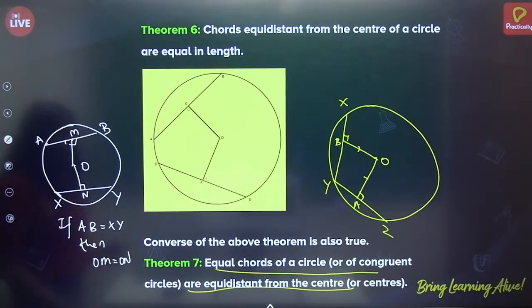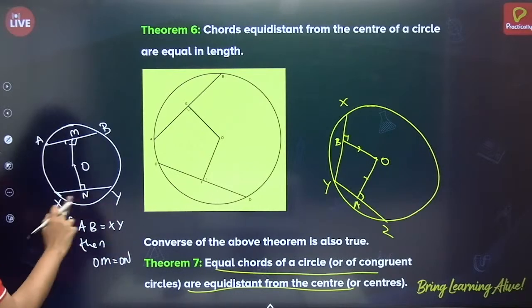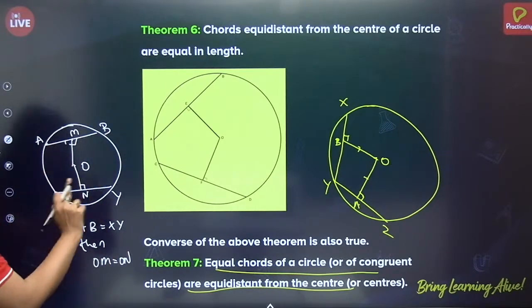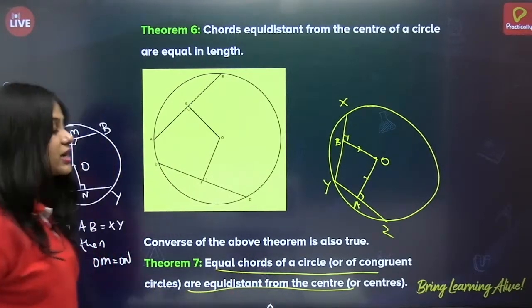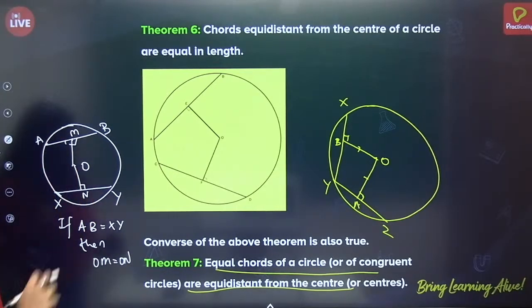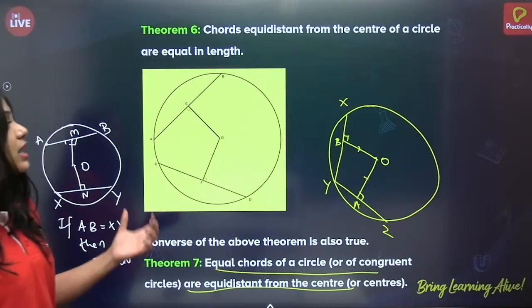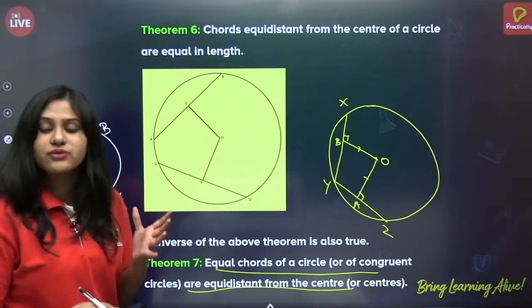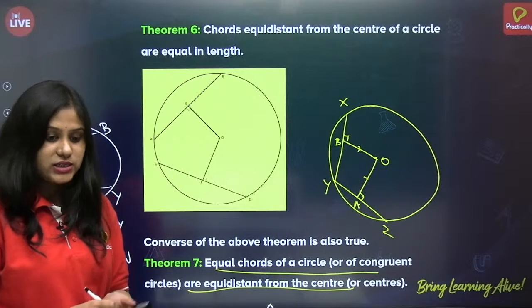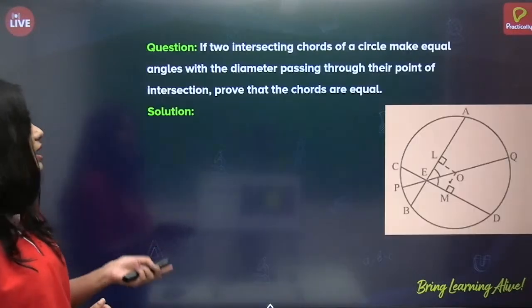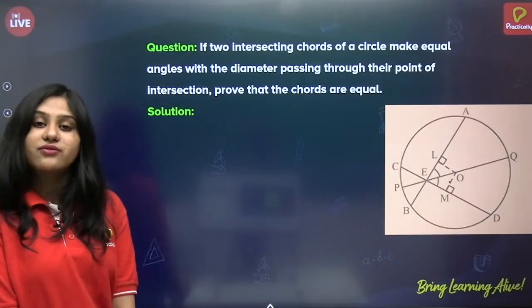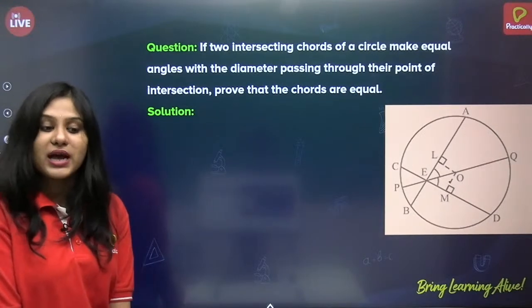So equal chords of a circle are equidistant from the center, so OM is equal to ON. Again, this is also one of the properties, and there are no proofs for it. In the portion it is deleted, so I'm not going into it. Okay, but let us solve a problem where we apply the theorem.